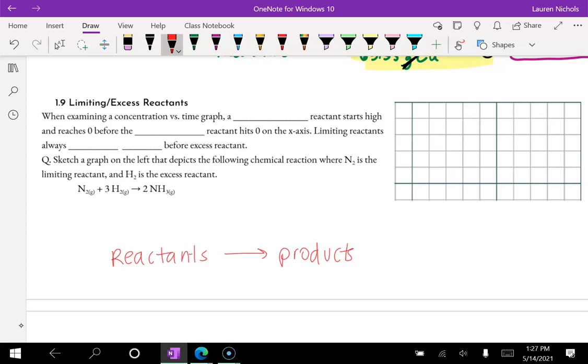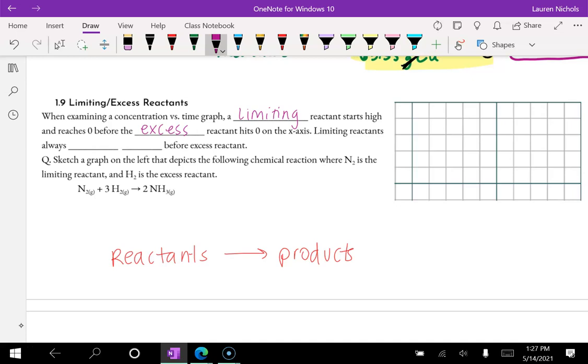And so when we're looking at a concentration versus time graph, a limiting reactant will start high and reach 0 before the excess reactant hits 0 on the x-axis. And I'll explain what we mean by this.